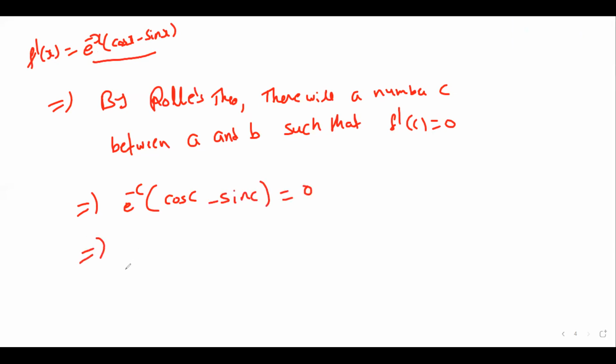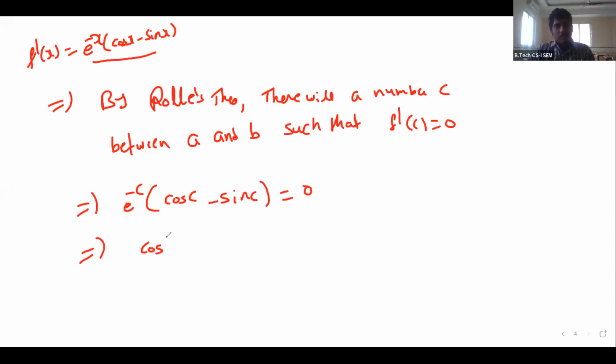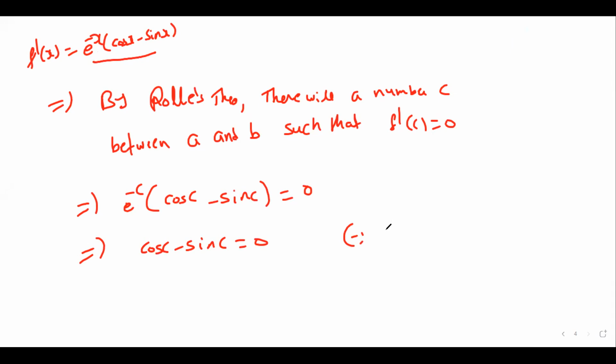Understood? Now what I write is cos c minus sin c is equal to 0. That means I ignored e power minus c. Why? Exponent can never be 0.